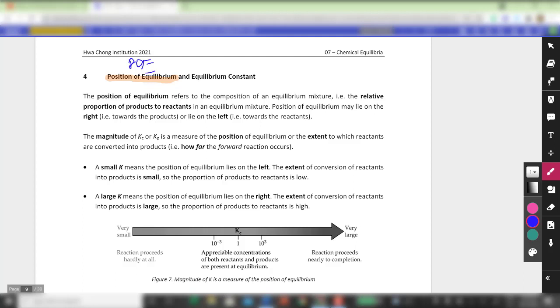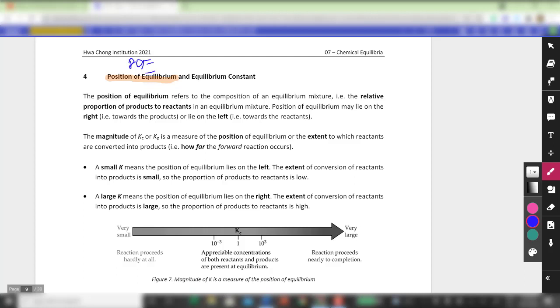The position of equilibrium indicates whether the amount of product is more than the reactant, which we call product heavy, or the amount of reactant is more than the product, which we call reactant heavy. So that's the position, whether it lies more to the product side or reactant side.